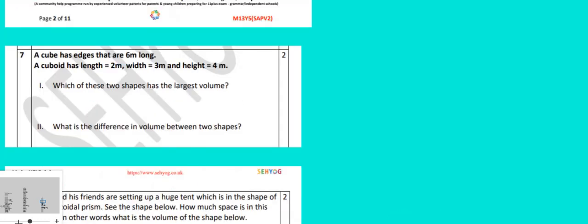Looking at our next sum, a cube has edges that are 6 meters long. A cuboid has a length of 2 meters, width of 3 and height of 4 meters. Which of these have the largest volume? So let us first construct a cube.